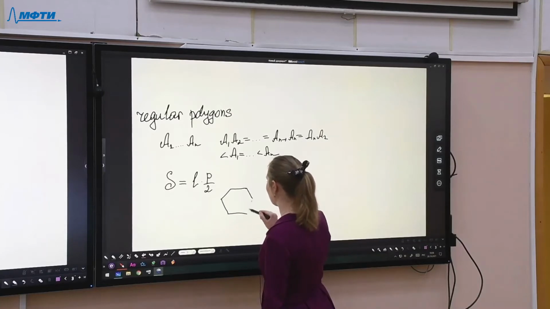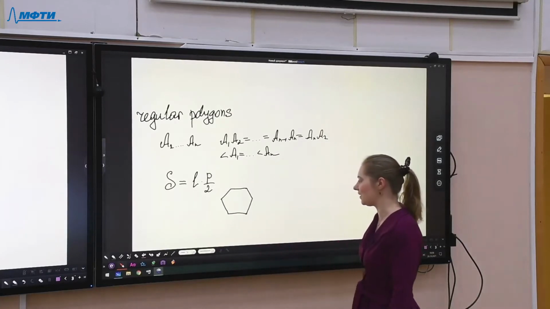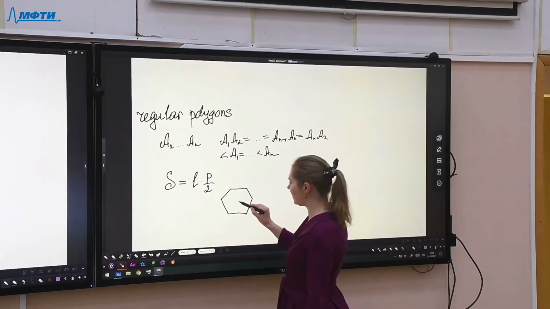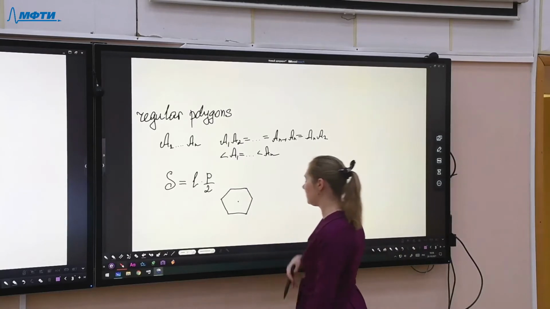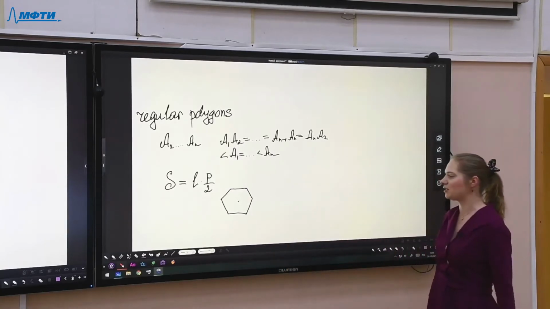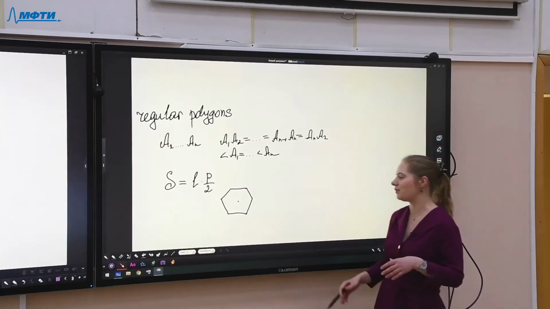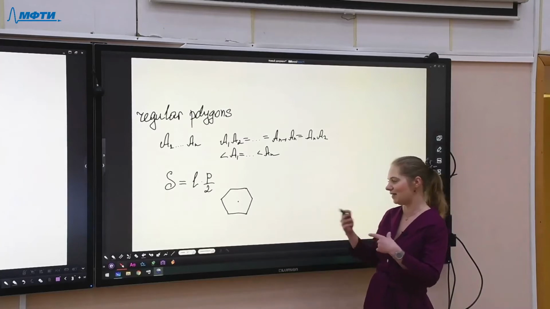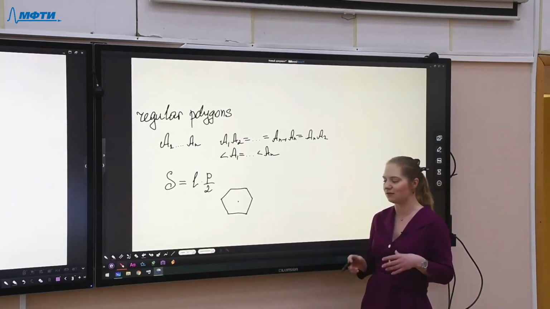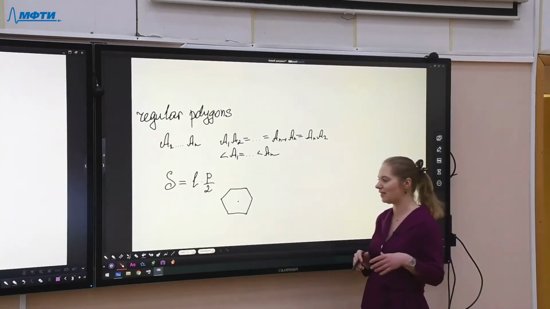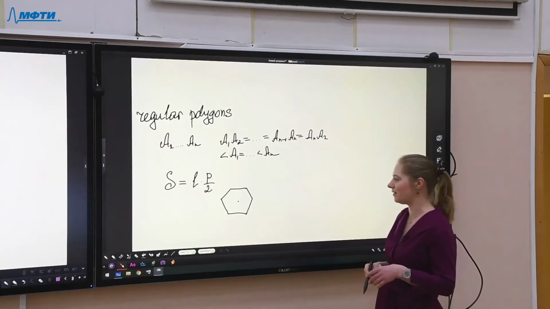So we have 6 sides and 6 angles. This is the center of this hexagon. This is the point of intersection of 2 diagonals, for example, or we can say that this is the center of the inscribed circle or circumscribed circle, doesn't matter. So this is the center of this figure.